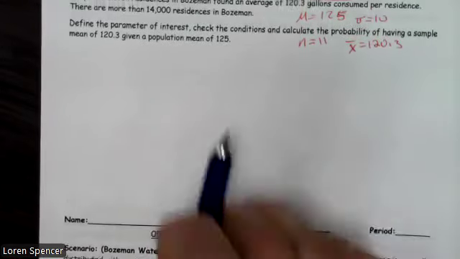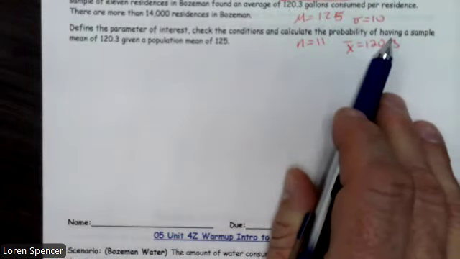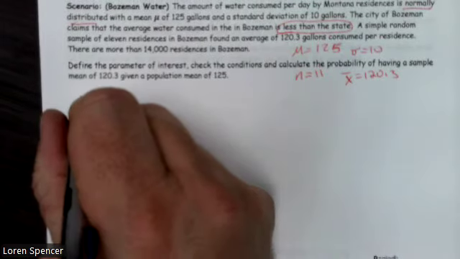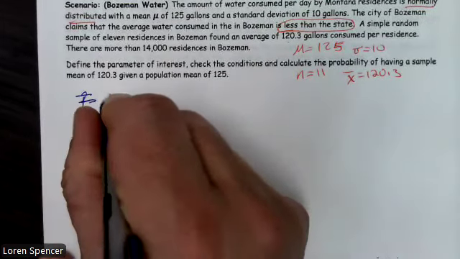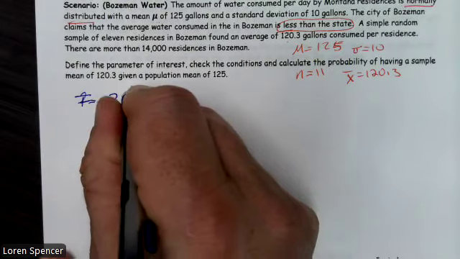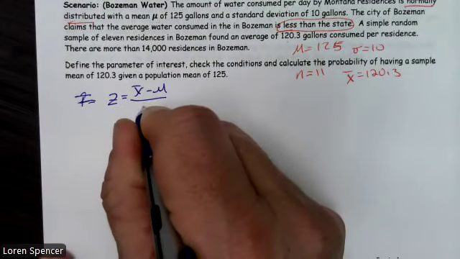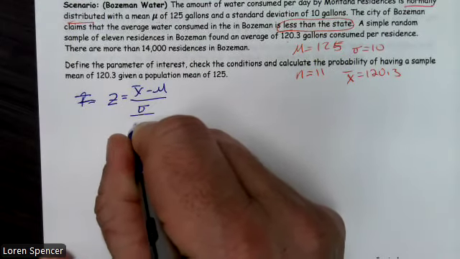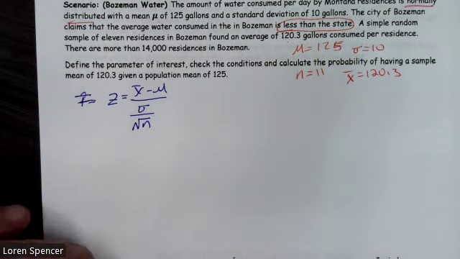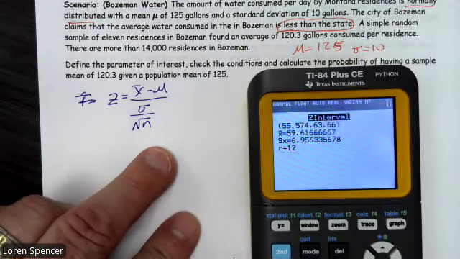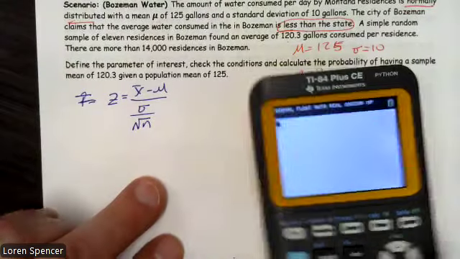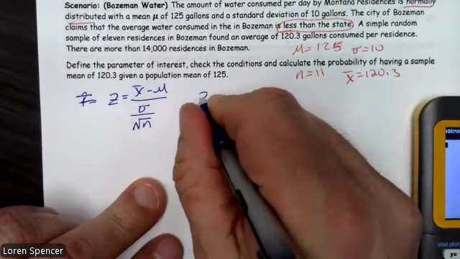Okay, the next part. This is going to go back a ways. Calculate the probability. Well, we said Z equals X bar minus mu, over the standard deviation of the population divided by square root of N. We have all that information, so let's go to the calculator and do a Z test.